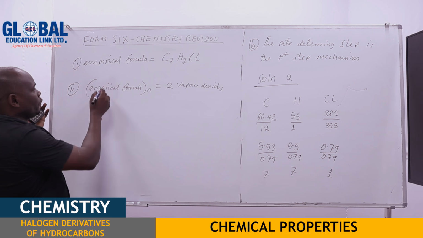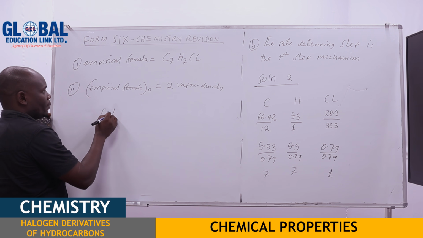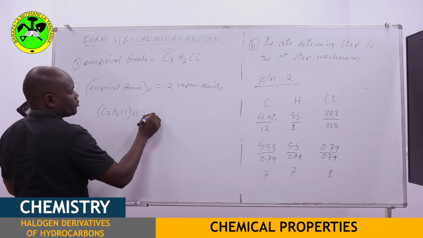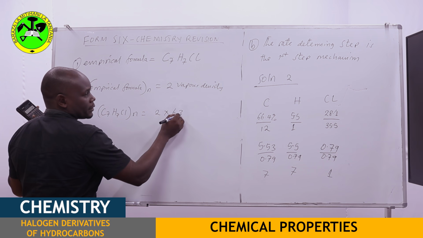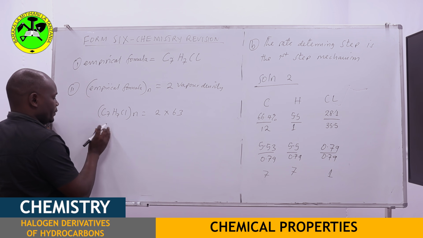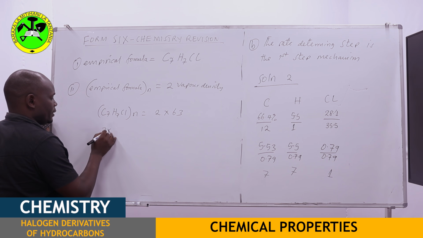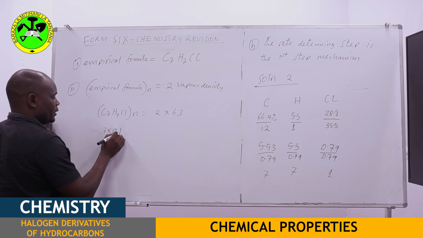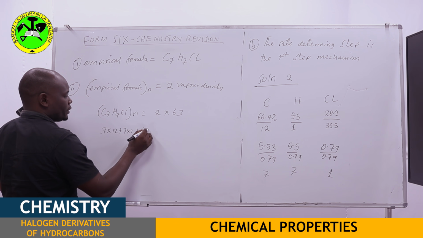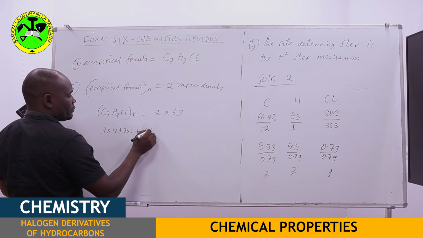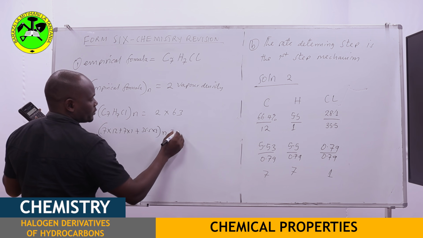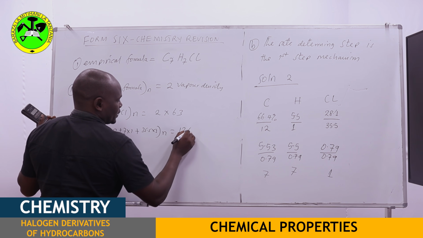And our empirical formula is C7H7Cl times N will be equal to 2 times vapor density, which is 63 given in that equation. So here it will be 7 times carbon is 12, then plus 7 times 1, then plus chlorine is 35.5, then times 1 also, then in bracket times N will be equal to this one, gives the 126.